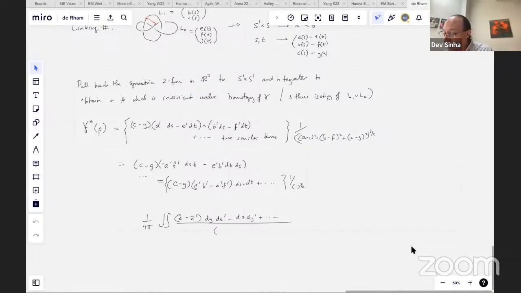And then you would have an x minus x prime squared plus y minus y prime squared plus z minus z prime squared to the 3/2.